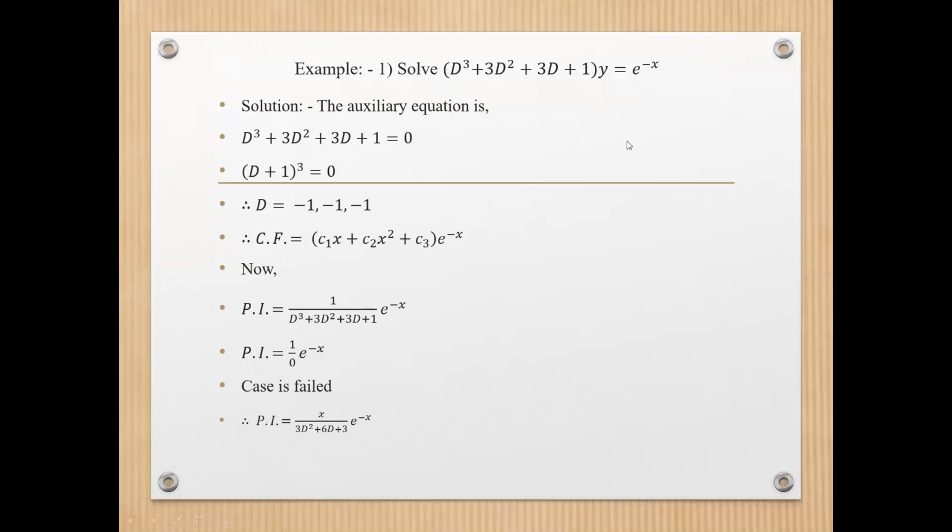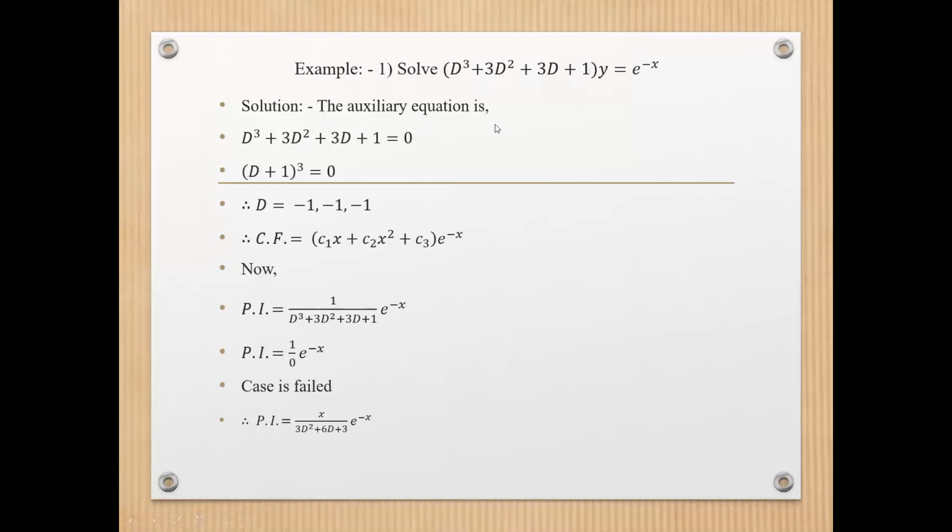To find its solution: if the right hand side is 0, the solution is only the complementary function. But here the right hand side is non-zero. So in this case, we have to find the complementary function and add the particular integral, and that resultant gives the solution of this linear differential equation.